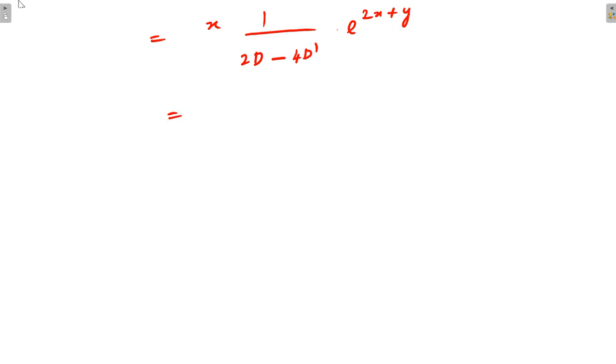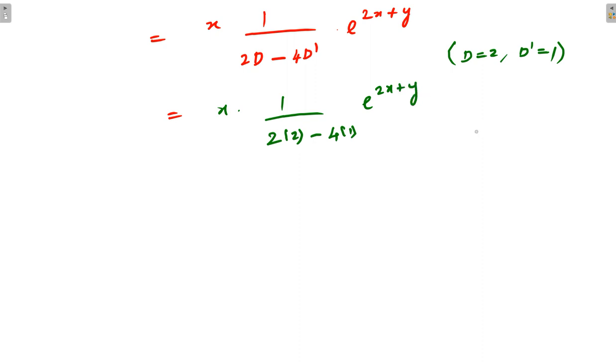Again substitute the same values, D equal to 2 and D dash equal to 1. What do we get? x by 2 into 2 minus 4 into 1, e power 2x plus y. Again the denominator is going to be 0. So what do we do? We have already done this in the previous step.